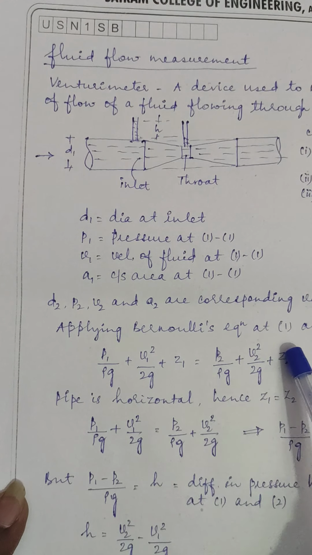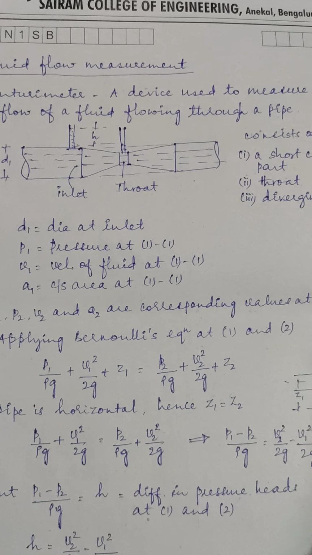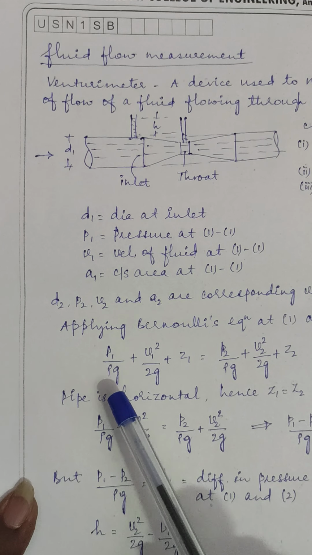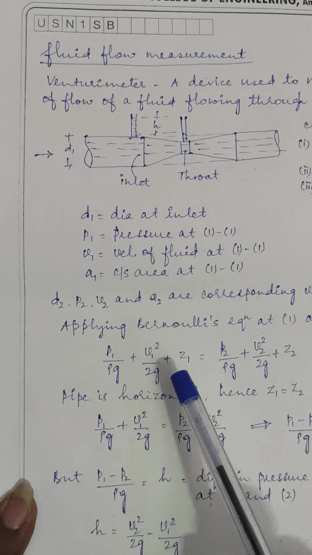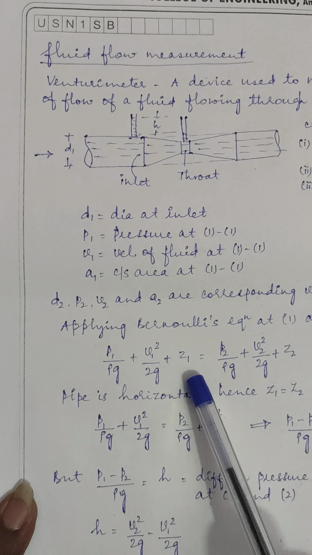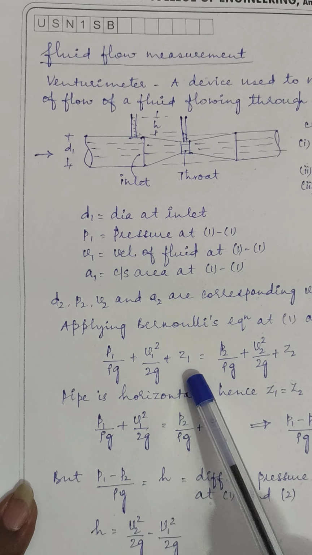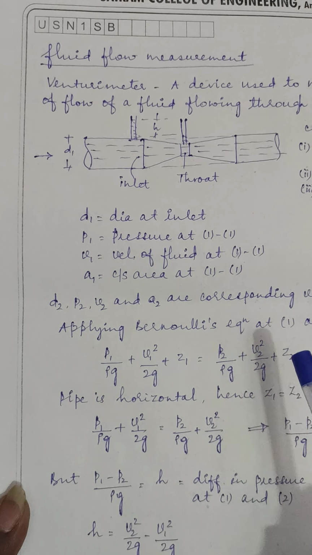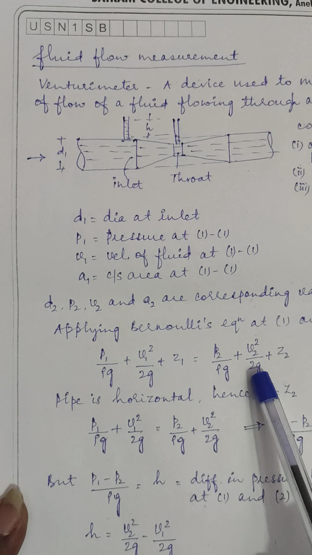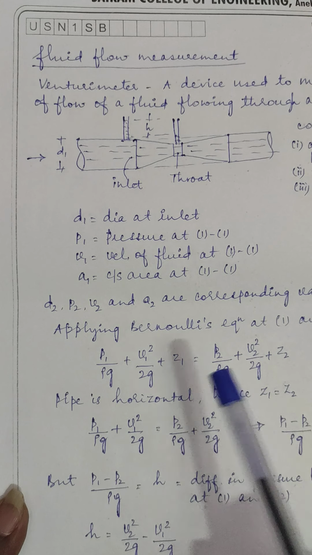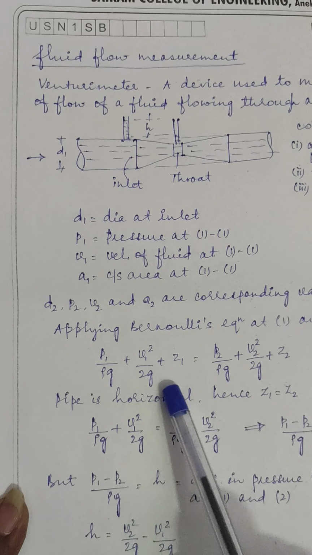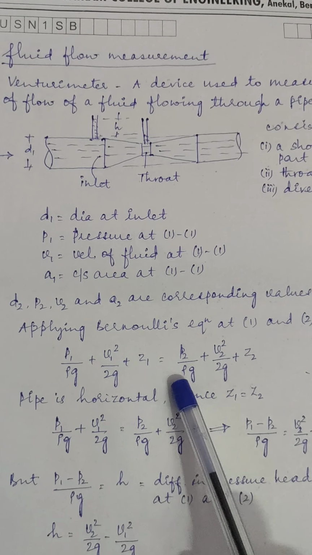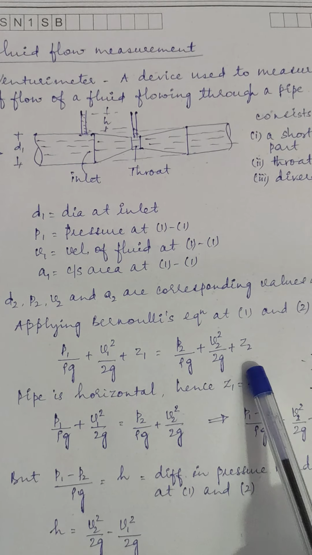Now taking Bernoulli's equation at section 1 and 2. What Bernoulli's equation says is that the sum of the pressure head plus kinetic head plus datum head at section 1 is equal to the sum of the pressure head plus kinetic head plus datum head at section 2.